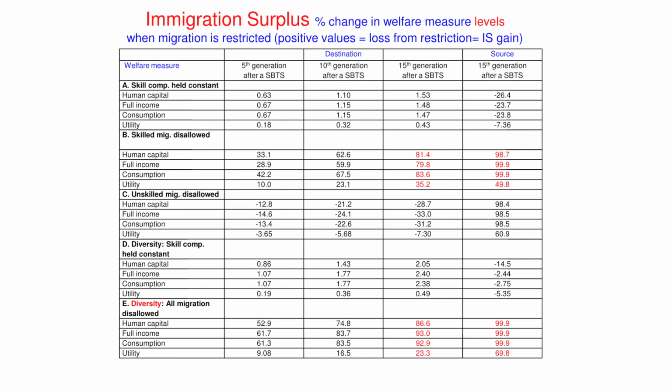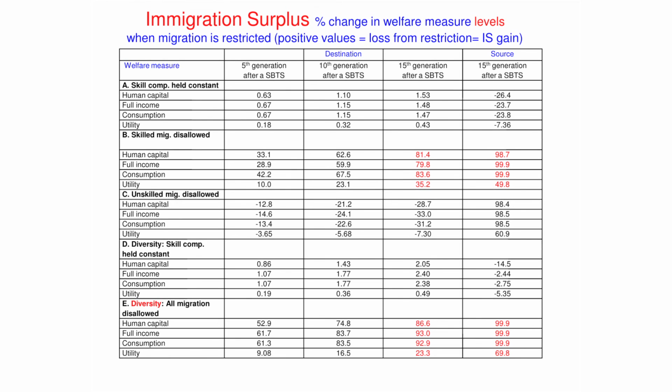Okay, I won't belabor the point, but the impact that we get here on the level of the growth equilibrium path is quite dramatic after 15 generations. Now we take the 15 generations as an approximation for a steady state, because the numbers that we get on that basis are very close to the solutions that we get in the comparative dynamic effects when we can actually solve them explicitly.